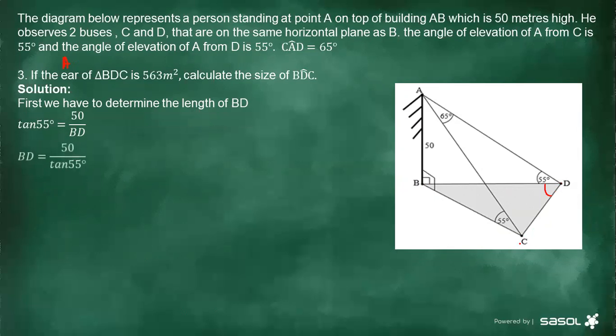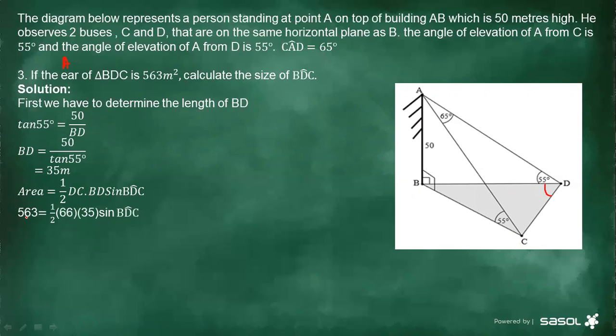But first let us calculate the length of BD. We use the trig ratio of tan, cross multiply, divide by tan 55, and press your calculator, which gives us 35 meters. Thereafter you write the area formula and substitute the values. The area is 563, which equals 1/2 times DC, which is 66, times BD, which is 35, times sine of angle BDC.